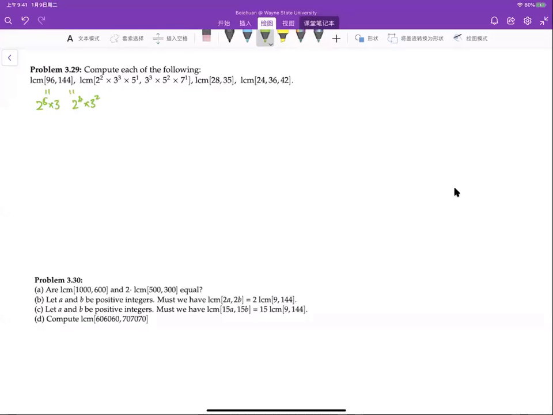All right, so can anyone find the LCM of the two numbers? Just tell me the prime factorization of the LCM. So any ideas?